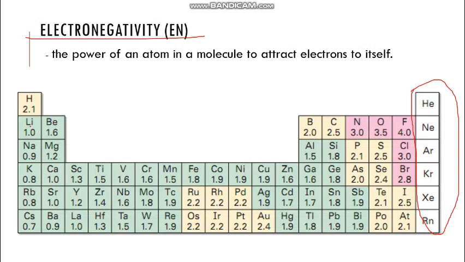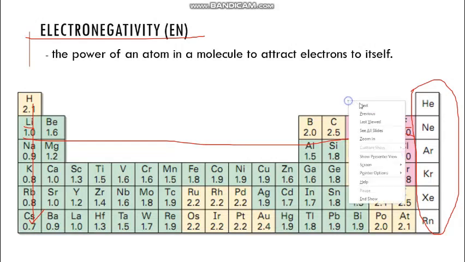Now, electronegativity generally increases from left to right. Okay? Dito sa atin, mula lithium hanggang fluorine. So, you can see from left to right, the electronegativity increases. And from top to bottom, the electronegativity decreases.